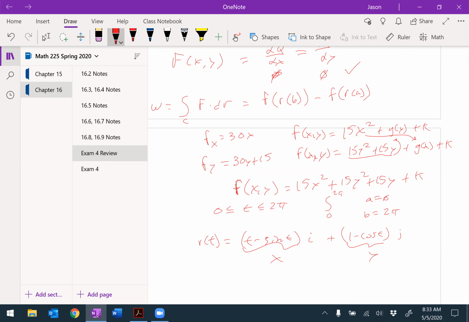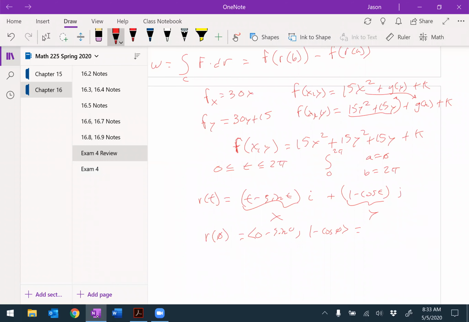So let's find out, what's r of 0? What's r evaluated at 0 for my a value? That's when t is 0. So this is equal to the vector 0 minus sine of 0, comma, 1 minus cosine 0. That's r of 0. This is going to be 0 minus 0, which is 0, and then 1 minus 1, because cosine 0 is 1.